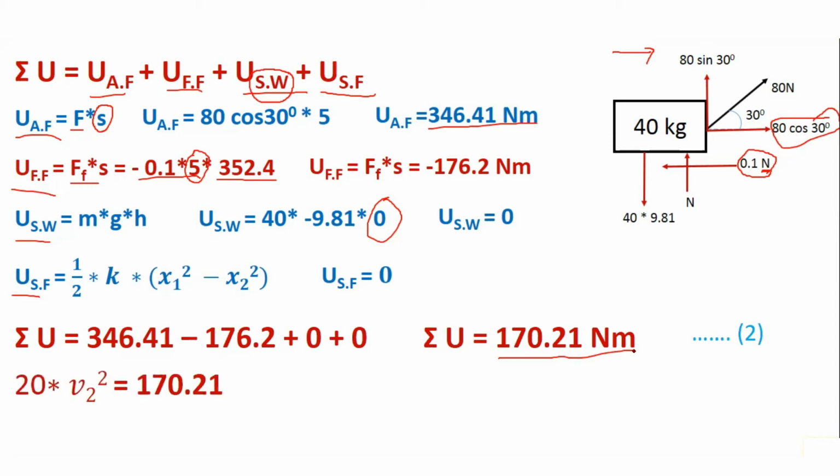So see here, T2 minus T1, that was 20 V2 square we got from equation 1, and this 170.21 I got from equation 2. Equating equations 1 and 2 by the work energy principle, I will get the velocity as 2.91 meter per second, and this completes our solution.